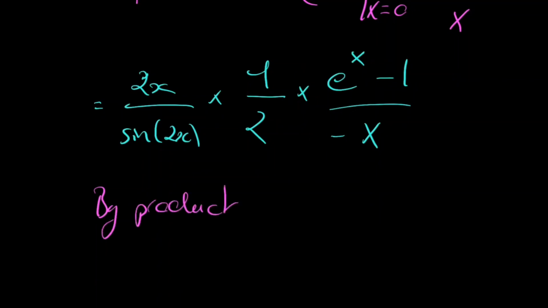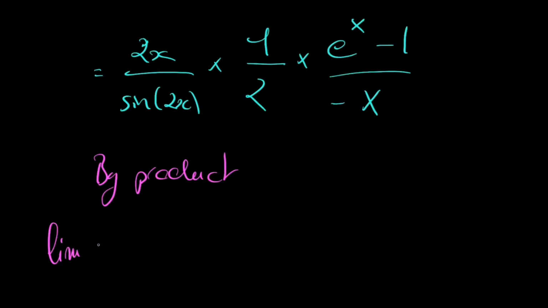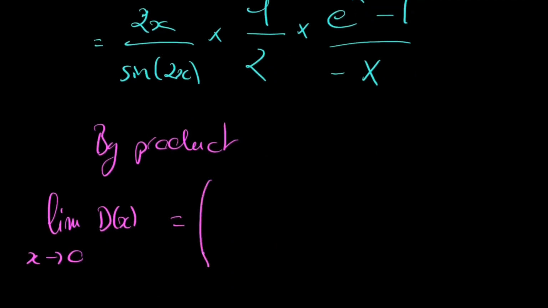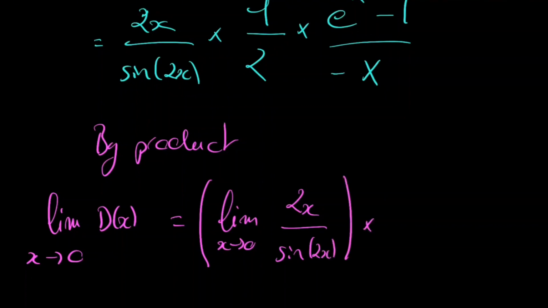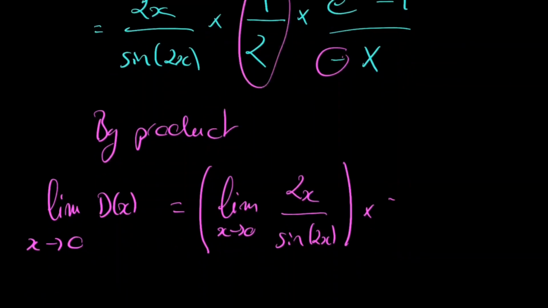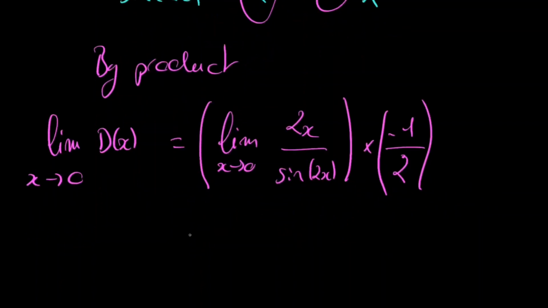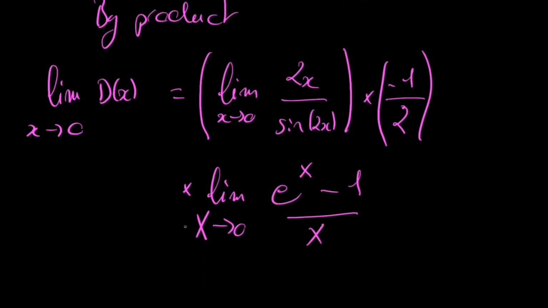we will have the limit of D of x when x tends to 0, which is equal to the product of the limit when x tends to 0 of 2x over sinus of 2x, times minus 1/2, which is a constant we do not care about, times the limit when capital X tends to 0 of exponential of X minus 1 over X. Why is it when capital X tends to 0?